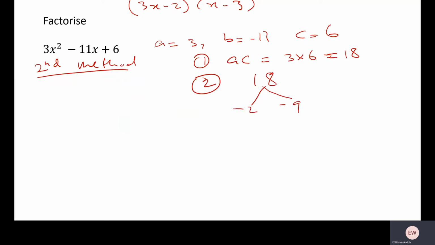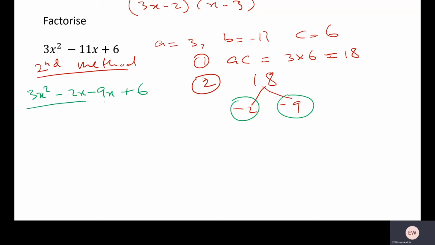So we are going to rewrite our original expression using the two factors. So instead of -11, we are going to use these numbers. So we'll write this as 3x squared minus 2x minus 9x plus 6. And minus 2x minus 9x will give us minus 11x. So we've not changed anything.